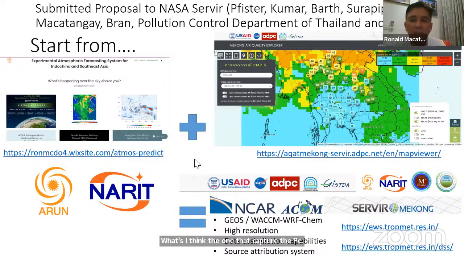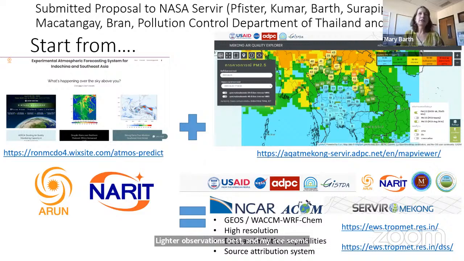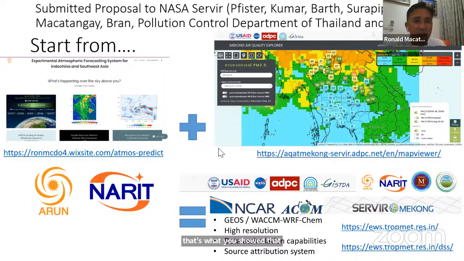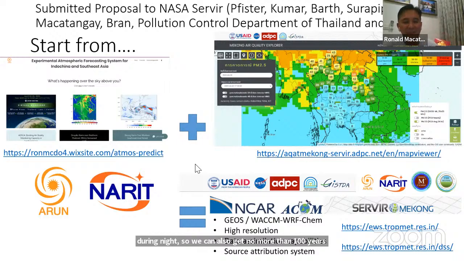YSU seems to struggle at nighttime and in the more stable regime. For the nighttime, our LiDAR cannot see below 100 meters. It's just a limitation of the LiDAR. So we're planning to have tethered balloons during the night, so we can also get lower than 100 meters. But that's still a pilot program.